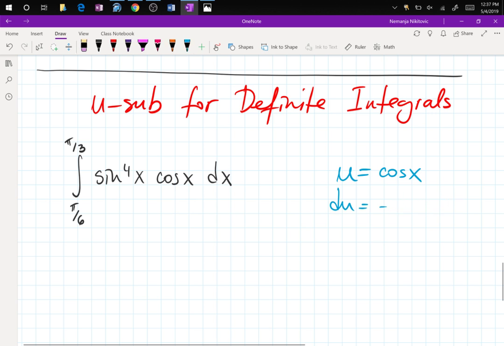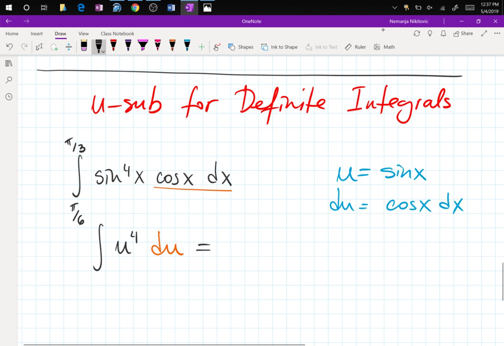You switch it, right? Because it was a bad choice. So u is sine x, and then I have cosine x dx here. So now it becomes the integral of u to the fourth, and then the cosine x dx becomes du.